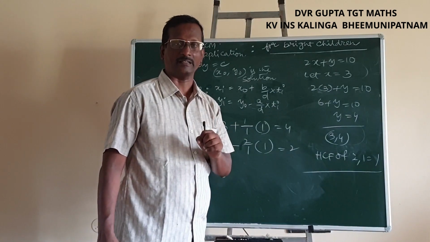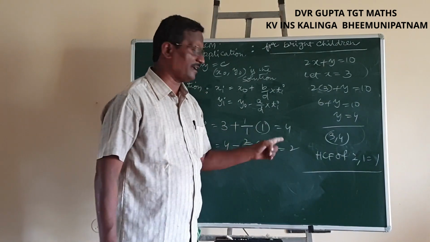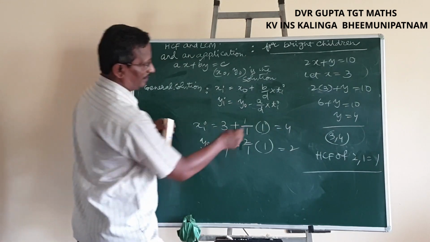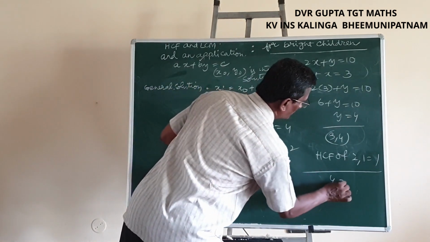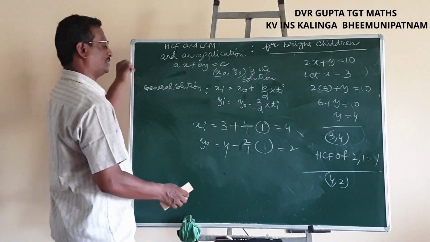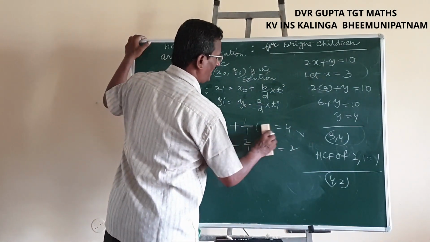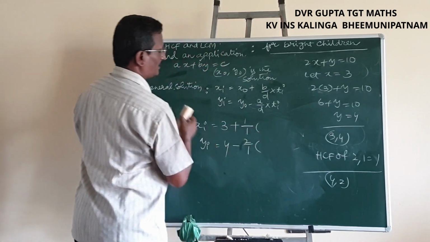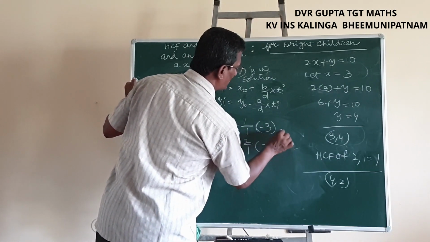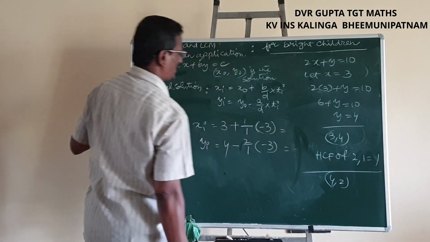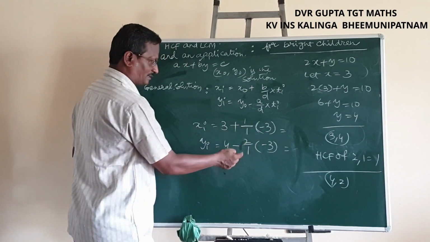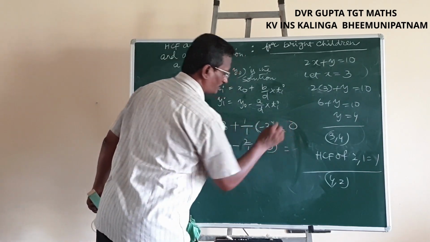Let us take another example where integer ti is negative. For another solution, let us give ti as some other number, minus 3. Suppose I give ti is equal to minus 3, see what is going to happen. 1 by 1, 1. 1 into minus 3, minus 3. Minus 3 plus 3, 0.